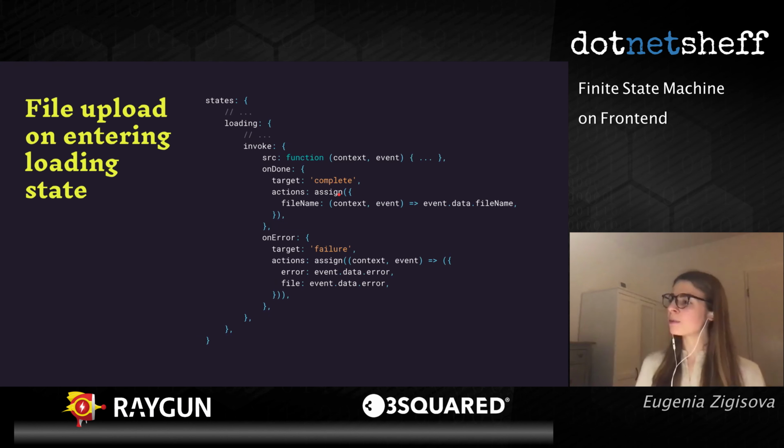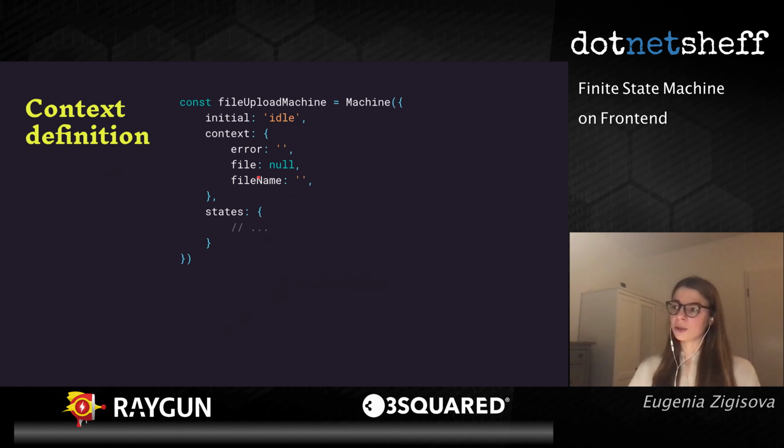It comes from the library, but under the hood, it's just setting a file name to the context. And on failure, we also define the next state, which is failure, and set error and file to the context of state machine. And we also need to define what will be an initial state from which machine will start, and the initial values of the context.